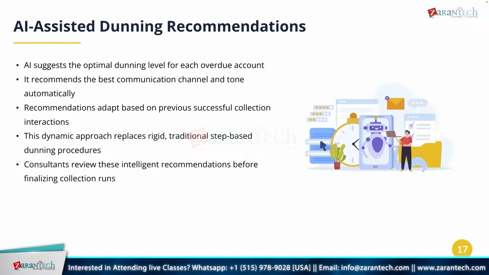The core AI capabilities in dunning include customer payment behavior prediction. AI models analyze past payment patterns, invoice size and frequency, industry trends, and everything. In India right now, all the income tax notifications are generated through AI only. It's not manual generation these days.